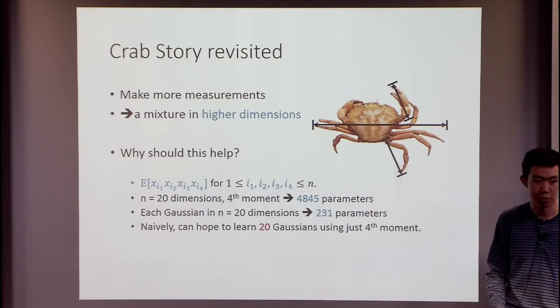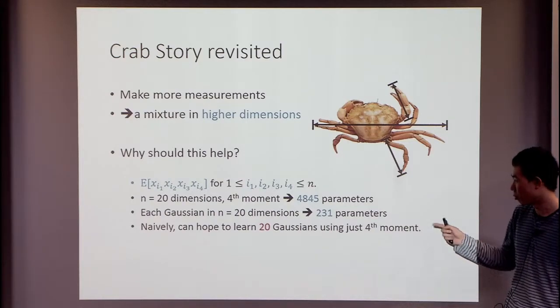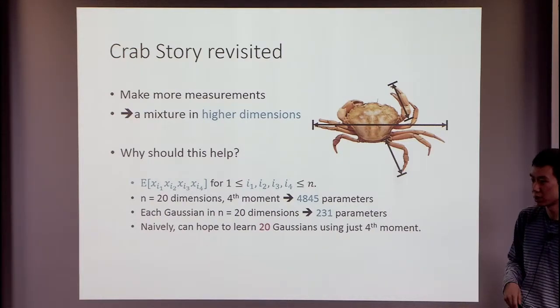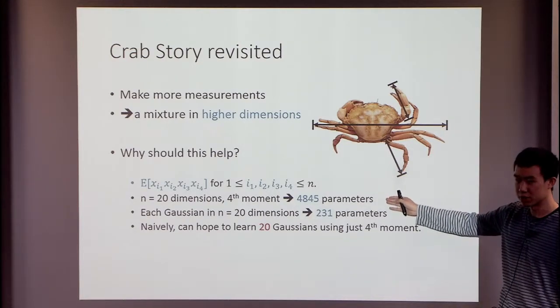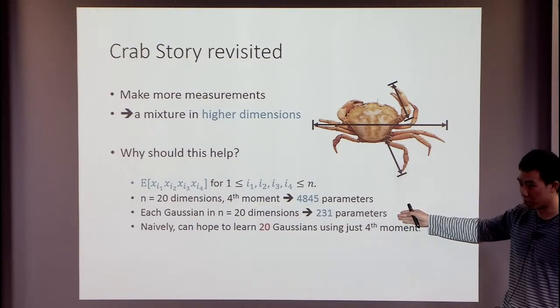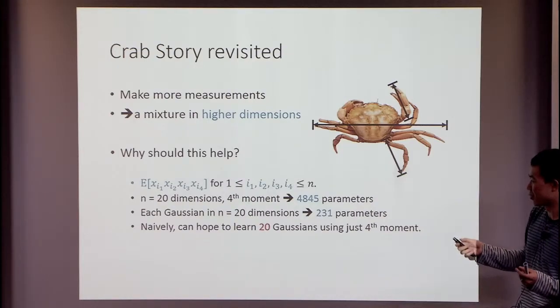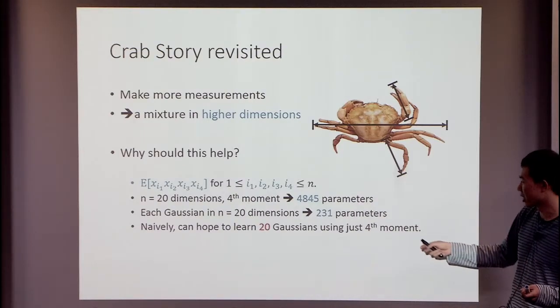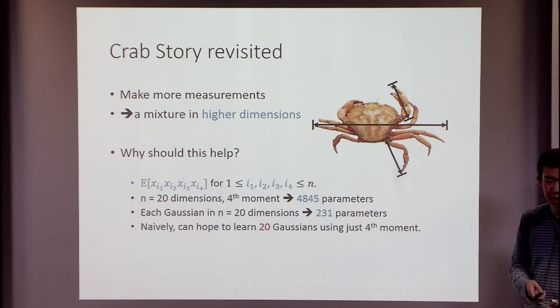This includes the parameters for the mean, for the covariance matrix, and one extra parameter for the mixing weight. So naively, all these moments should give us some polynomial equations over these unknown parameters. So naively, we have more than 4,000 equations. We have 231 times whatever number of Gaussians. That's the number of unknowns.